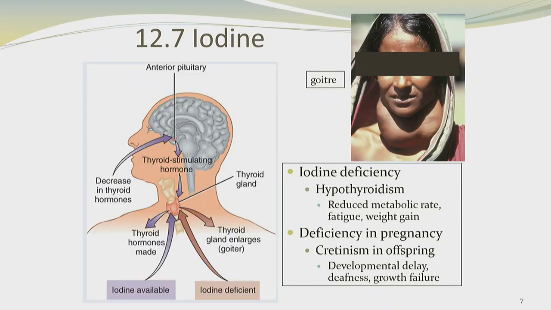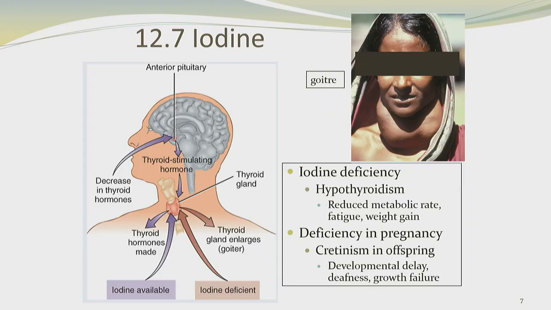So iodine deficiency results in reduced levels of the thyroid hormone, leading to a condition called hypothyroidism, which is characterized by a reduced metabolic rate. Very often there's fatigue, and then there's also weight gain as a result of hypothyroidism.